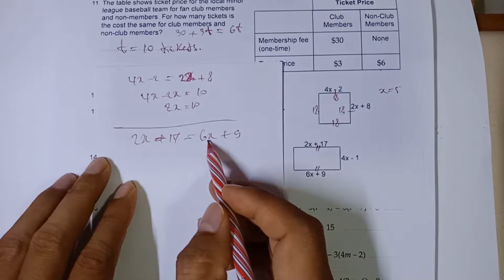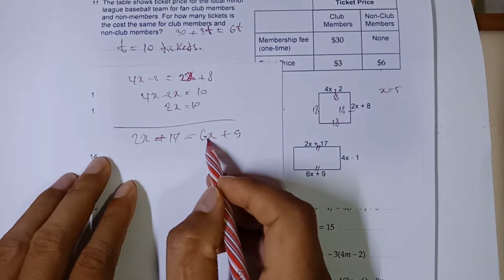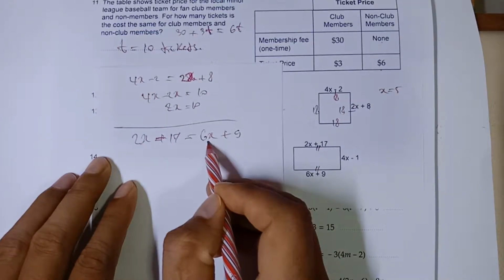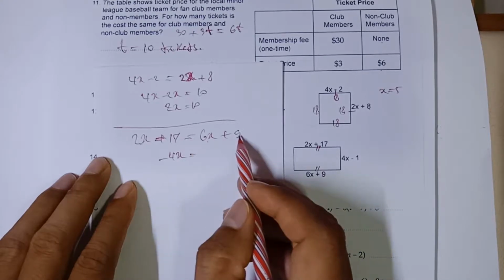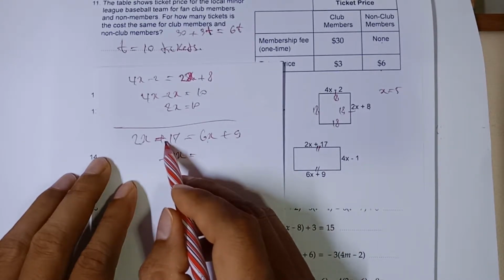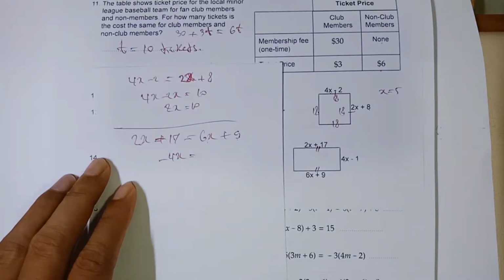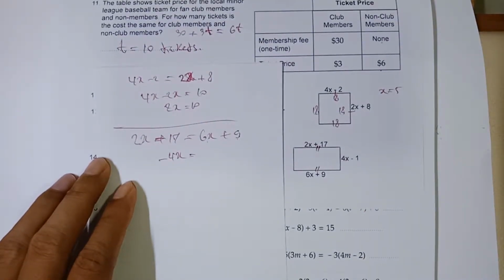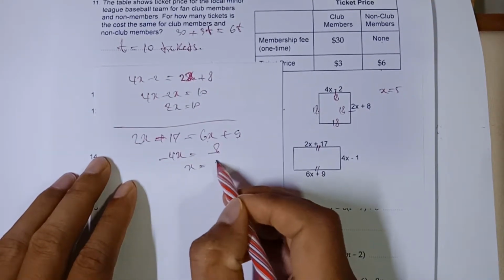So you transpose 2x, you can transpose 6x to the other side, you will have negatives. So you have 2x minus 6x, you have minus 4x equal to 9, transpose 17 to the other side, it becomes minus. So 9 minus 17, that gives you negative 8. So therefore you have x equal to 2.